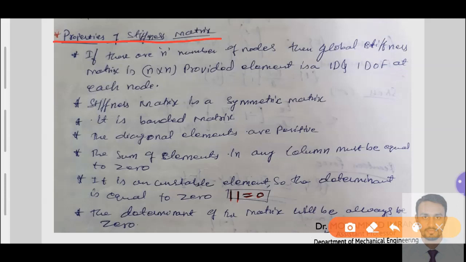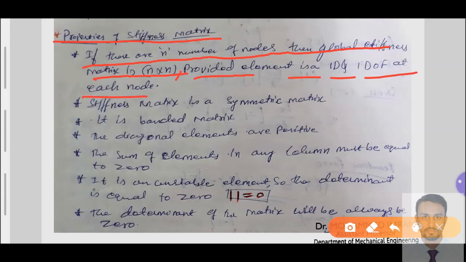That means the first point of the stiffness matrix: if there are n numbers of nodes, the global stiffness matrix is n cross n, provided the element is 1D and has 1 degree of freedom at each node.